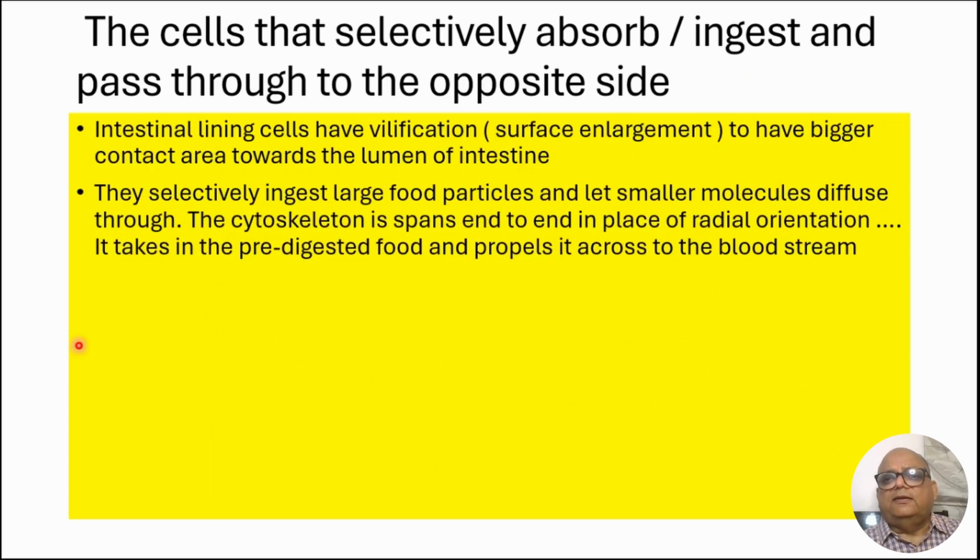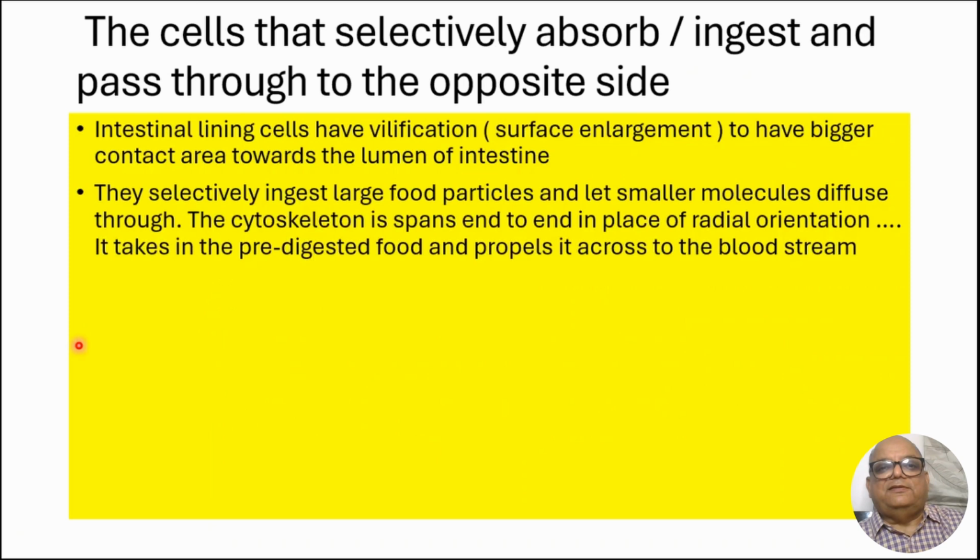Usually the cytoskeleton in a typical cell is supposed to be almost radial, where it is doing phagocytosis, sucking something into a vacuole and digesting it with lysozyme within the cell. Now, this one is specialized where the cytoskeleton is spanning across from wall to wall. So it is ingesting from one wall and delivering on the opposite side wall. So that is the specialization.